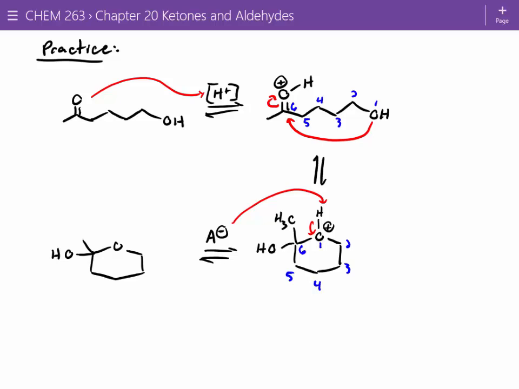No, so it's not an acetal. In a cyclic acetal, you have 2 alcohols add in. We only had 1 alcohol add in, so it's not a cyclic acetal. It's just a hemiacetal. Since it made a ring, it is a cyclic hemiacetal.